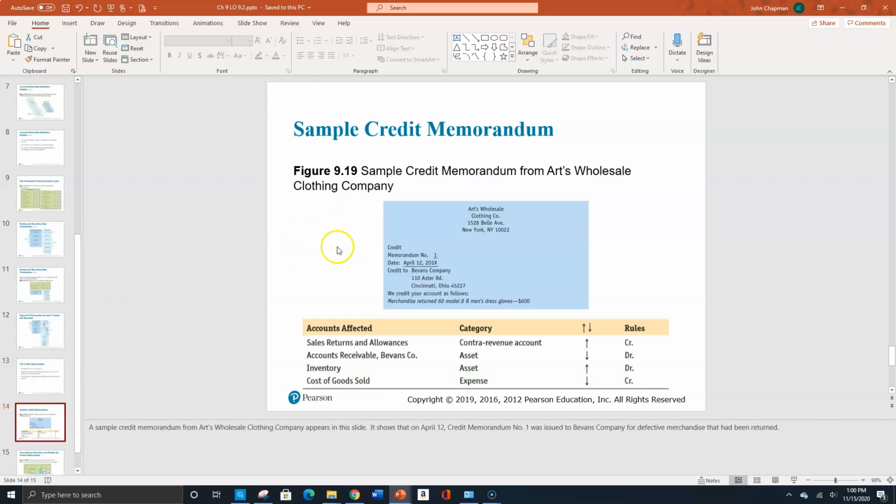So if we got a credit memo, like the one pictured here below, merchandise returned, 60 model 8B men's dress gloves, $600, we would debit sales returns and allowances, we would credit accounts receivable, and we would debit inventory and credit cost of goods sold.